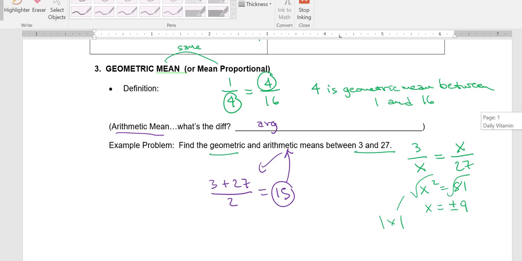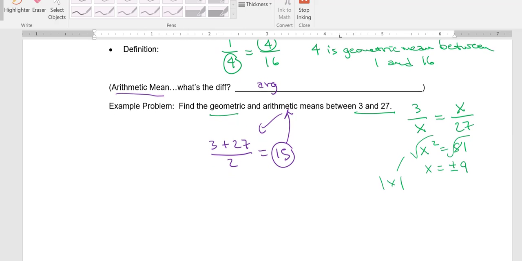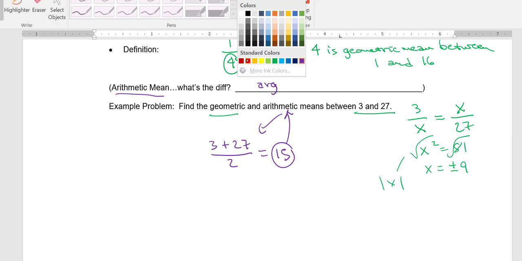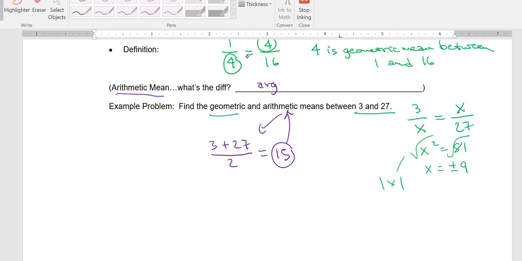Just as a side note, some people are asking themselves, why are we doing this and what does it mean? So if you look at 3 and 15 and 27, and you think about 15 as the arithmetic mean, to get from 3 to 15, you're going to be adding 12, and 15 to 27, you're adding 12 again.